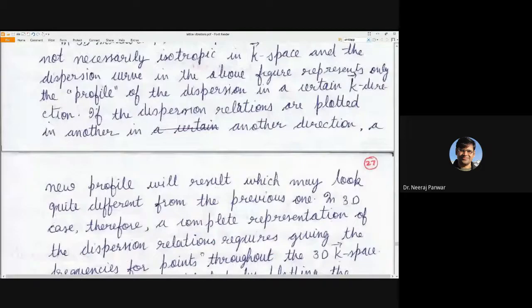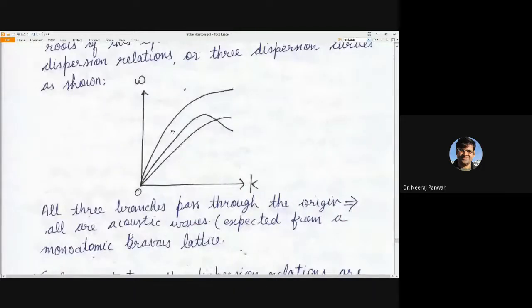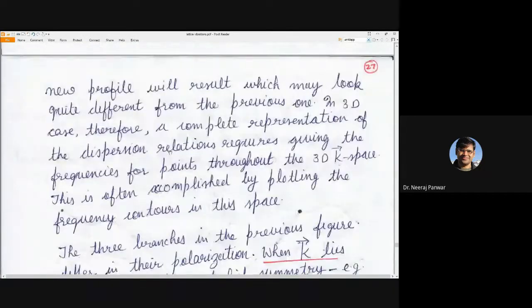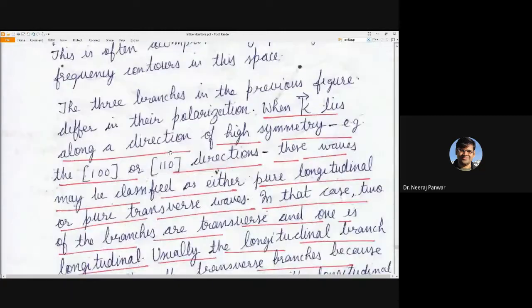So which one is the longitudinal wave and which one is the transverse wave? We have said that the frequency of the longitudinal wave is higher. Therefore, the uppermost branch represents the longitudinal vibrations, and the remaining two, the lower ones, are the transverse waves. They represent the transverse vibrations.